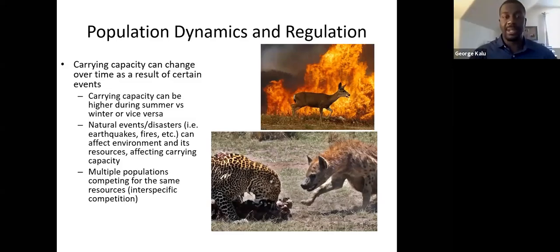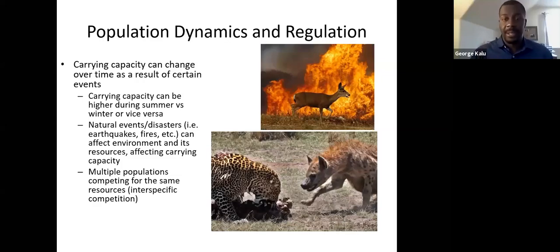Okay. We can see some natural events, natural disasters that can take place. And so when those disasters occur, they affect the number of resources that are available. If you cause the number of resources to decline, that's going to shift the carrying capacity downwards as well. Okay. And then multiple populations are going to have to compete for the same resources, even between species.